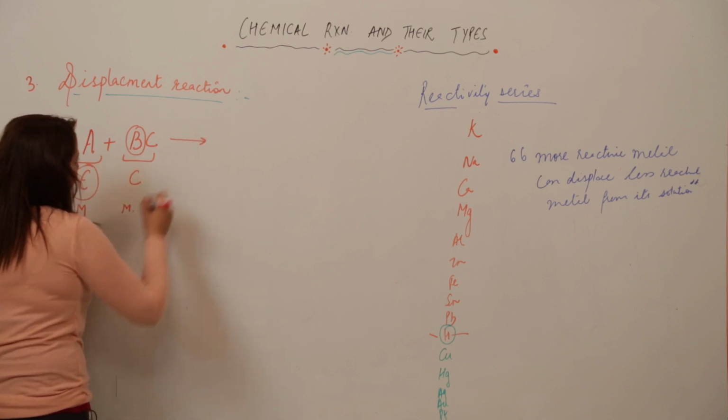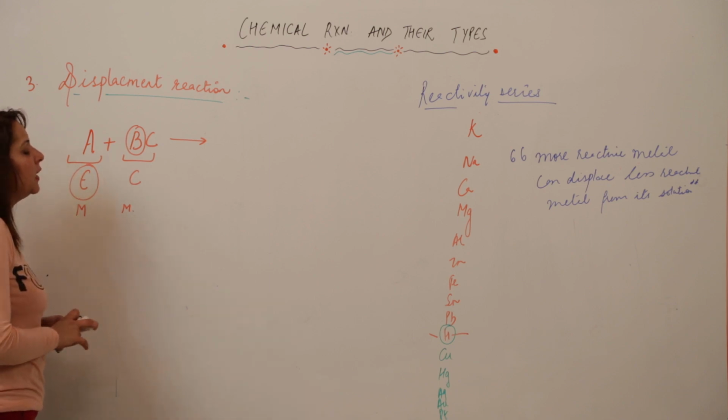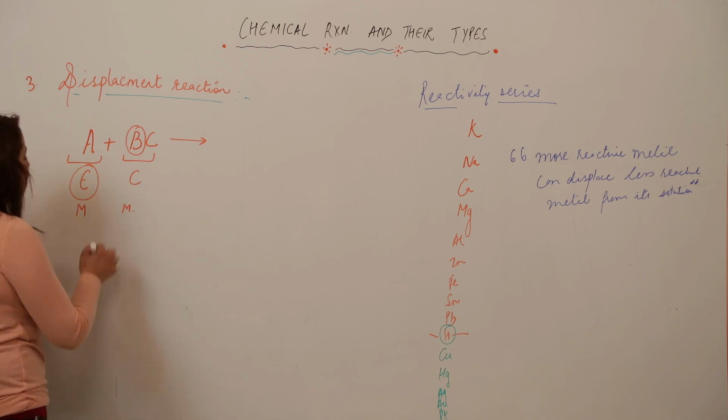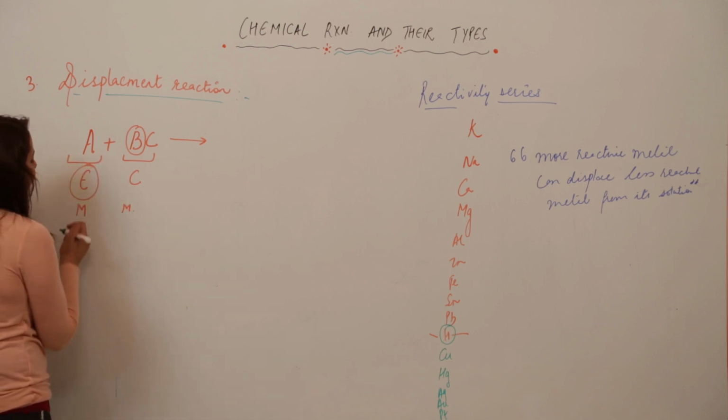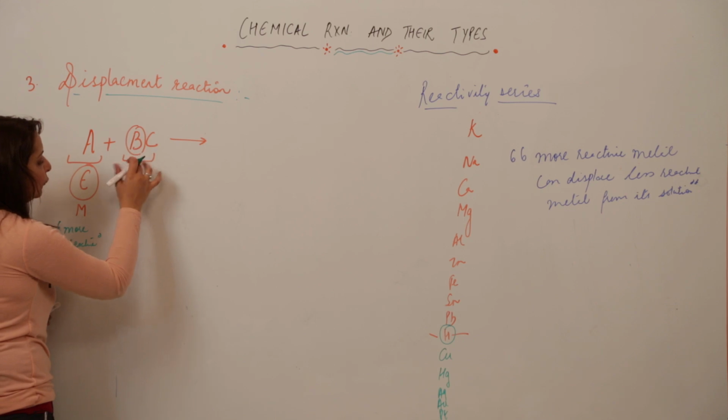For the reaction to happen, what criteria it should fulfill? The metal which is present in an elemental state has to be more reactive as compared to the element which is present in this compound form.